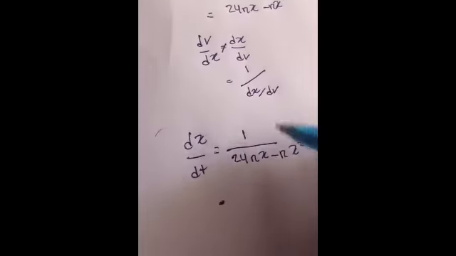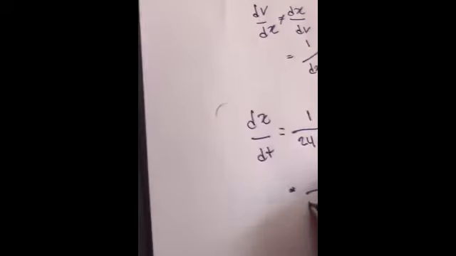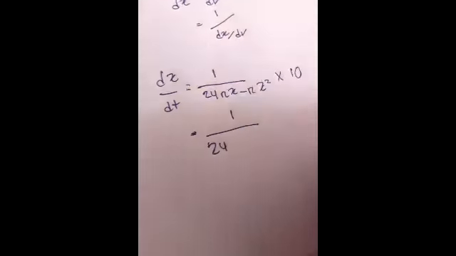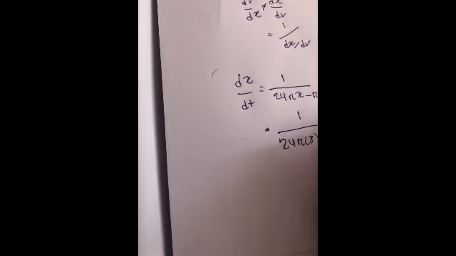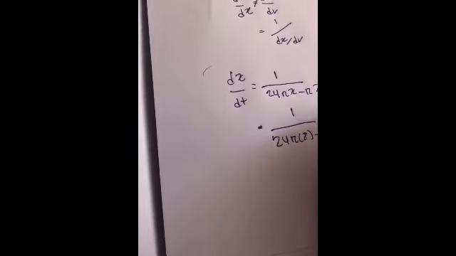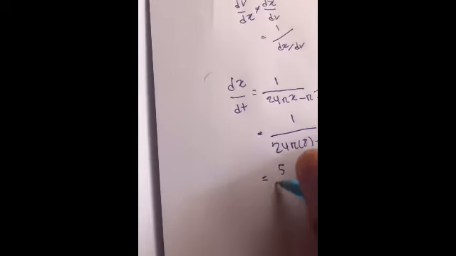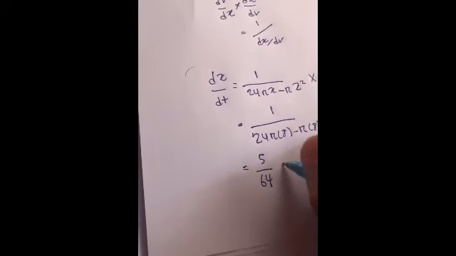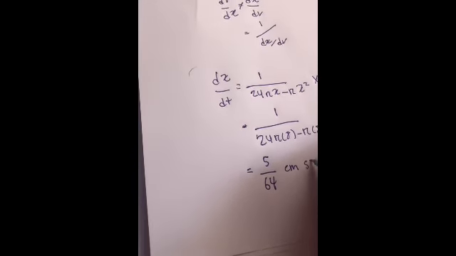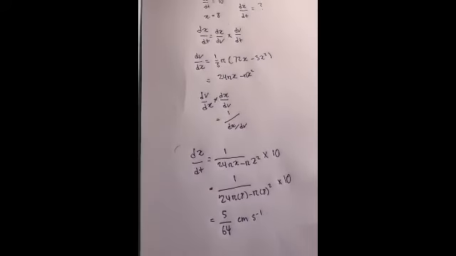So in this equation we fill in 24 pi (8) minus pi (8) squared, and then multiply by 10. We get the answer 5 over 64, and the unit is cm s^-1. So that's all for our solution.